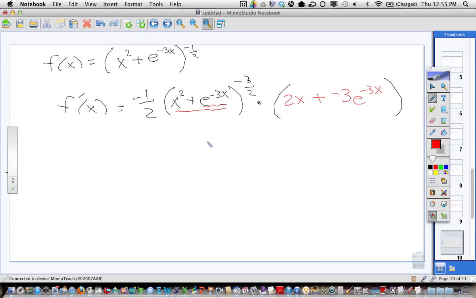What's that? I'd have to distribute it. I mean, I could take this negative 1/2 and distribute it through here. Now, I couldn't distribute it here, right? Whenever you got parentheses with a power, you can't be distributing stuff into it, right? There's not much you can do with that when you got parentheses to a power. But this I could distribute here, would cancel that 2, but then they're just giving me a fraction, right?